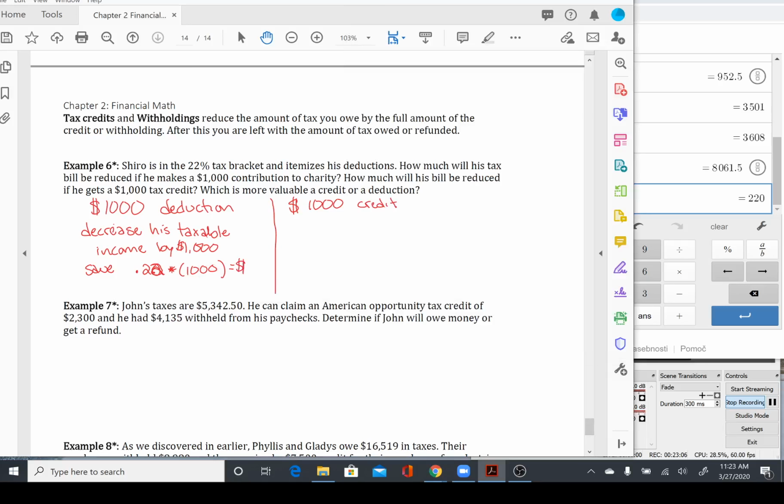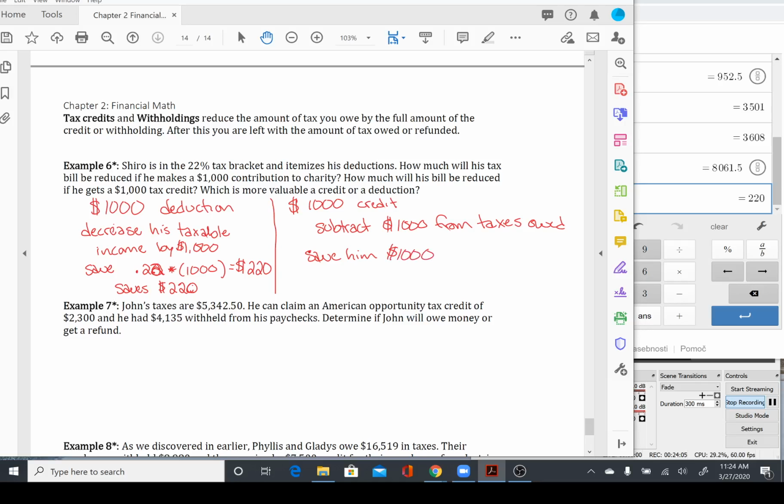So it will save him $220. A $1,000 credit, on the other hand, will take his current tax bill and subtract the full $1,000. So this will save him, this math is not difficult, it will save him $1,000.